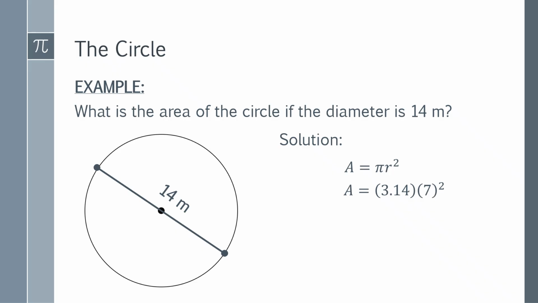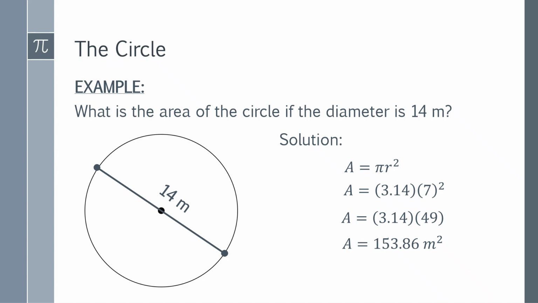Meaning you have to get the radius, since the diameter is given, you have to divide 14 by 2 so that we get 7 as our radius. So therefore, A is equal to 3.14 times 7 squared. And whenever you compute this, 3.14 times 49, this is 153.86 square meters. I hope that you get this one.